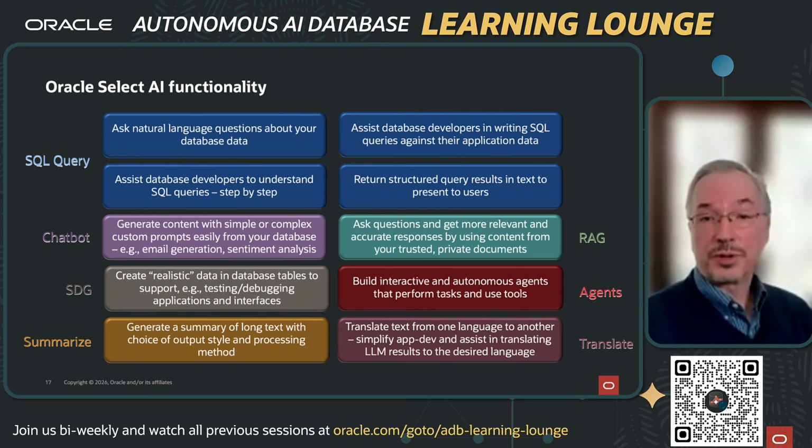Select AI also supports text summarization, optimized for larger text documents, and translation using the OCI translation service with other translation service options on the roadmap. Now, our goal for Select AI is to help you benefit from powerful AI-driven features, all from your Oracle environment.